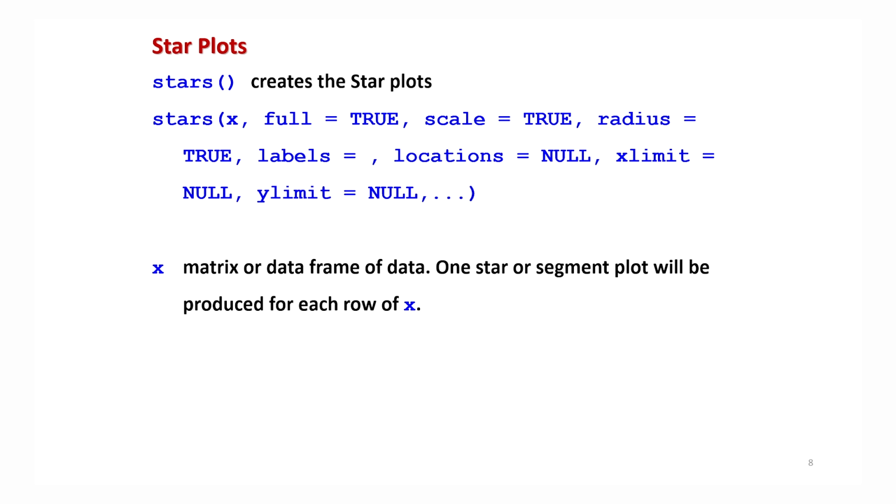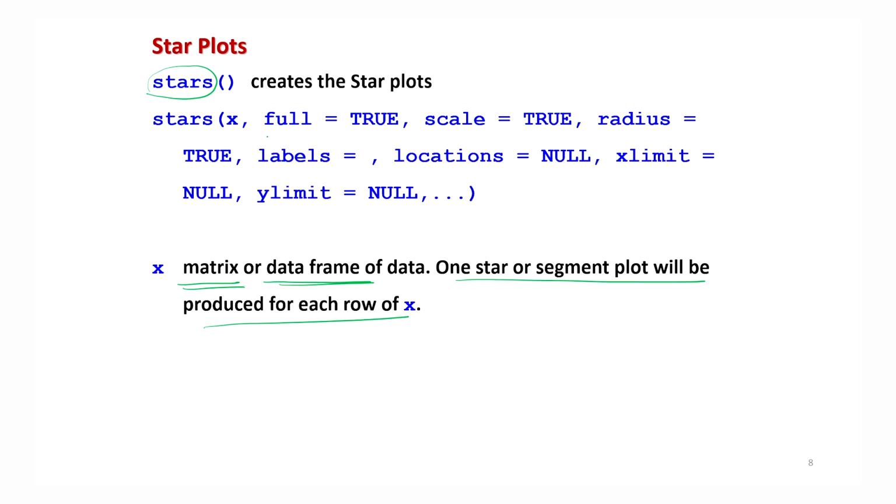In R software, star plots can be created by using the command stars, S-T-A-R-S, and inside the parentheses you have to give the data. The data can be in matrix format or a data frame, and each row of that matrix or data frame will create one star plot.